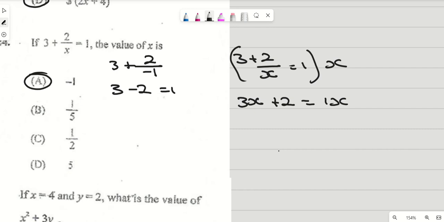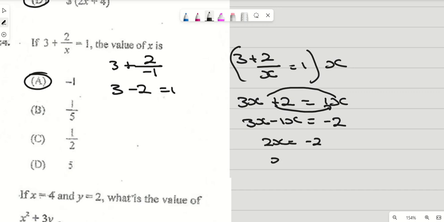You make x the subject, so we carry across 1x. That's 3x minus 1x, and we carry this 2 across as negative 2. Then 3x minus 1x is 2x is equal to negative 2. So x would be negative 2 divided by 2, so x is equal to minus 1.